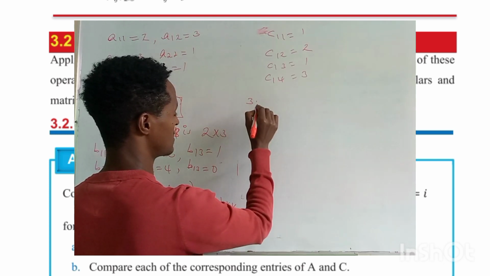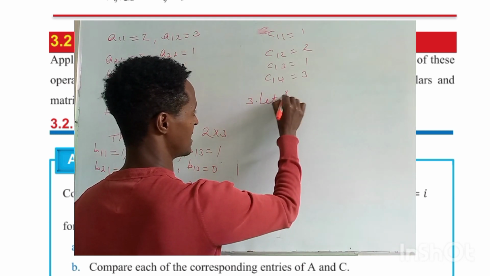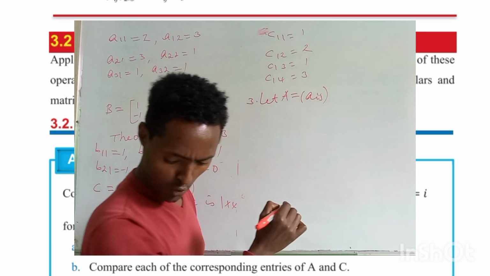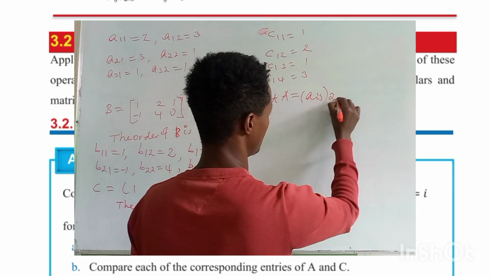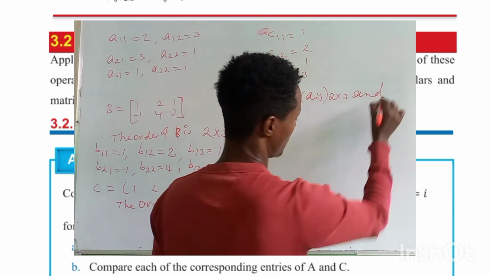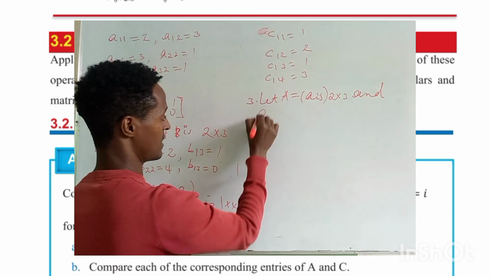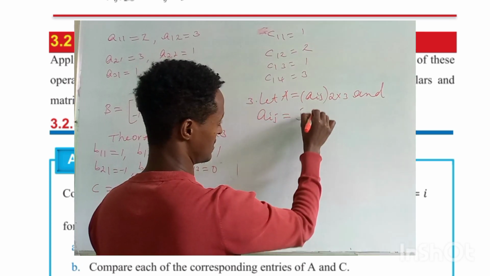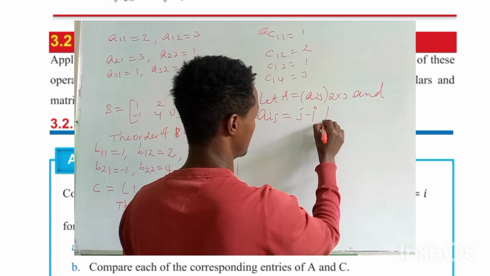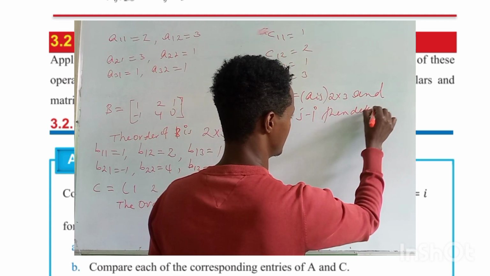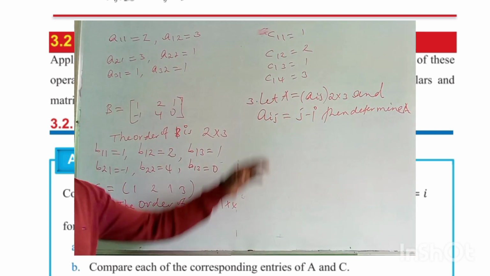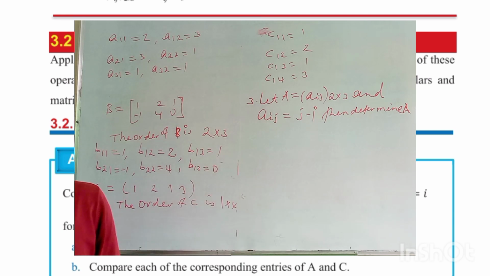So the question is: let A be a matrix given in the form of Aij, whose order is 2 by 3, and Aij is equal to j minus i. Then determine A. So we are asked to find a matrix A, which is represented in symbol form, A equal to Aij, 2 by 3.